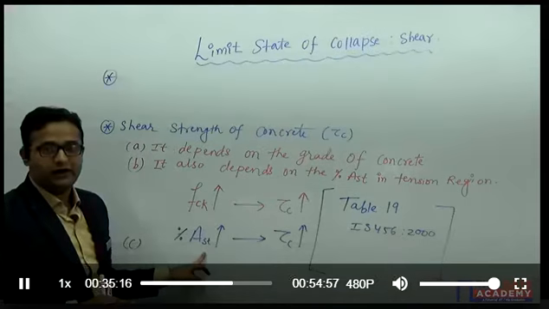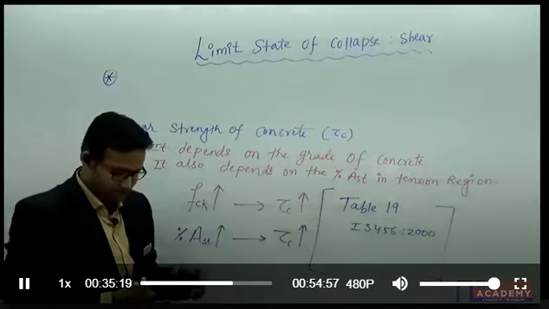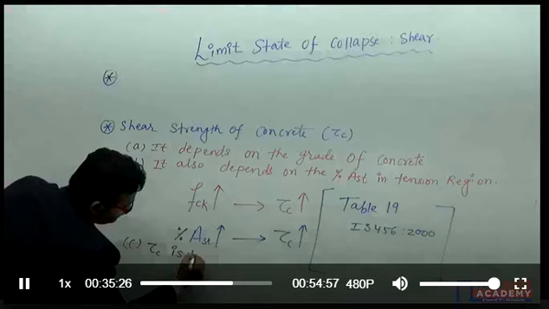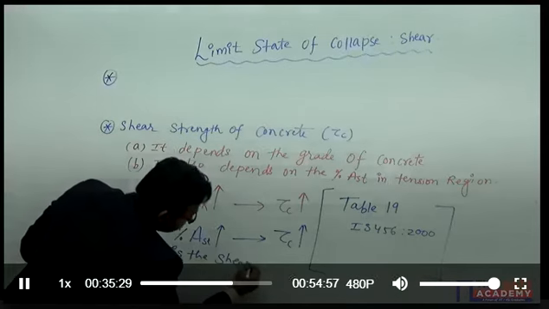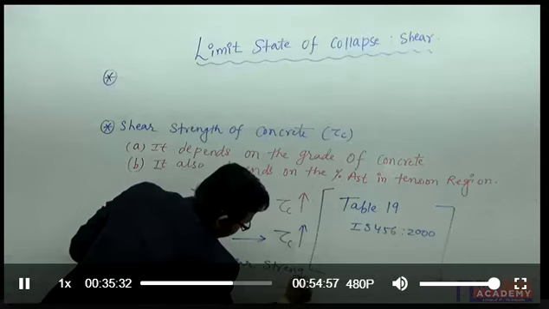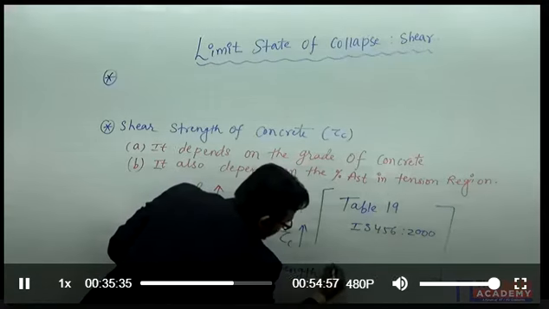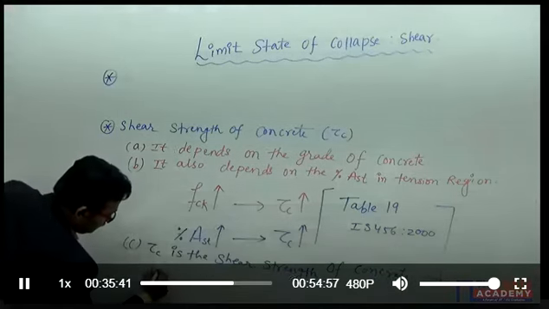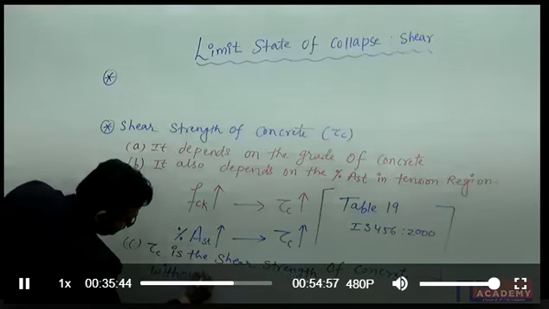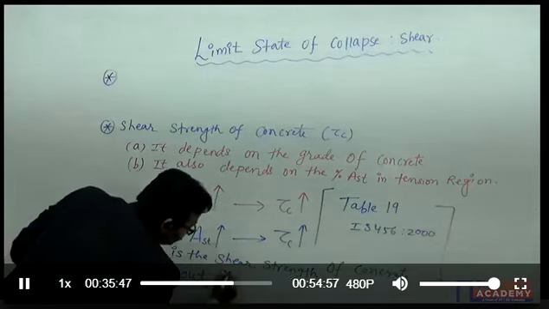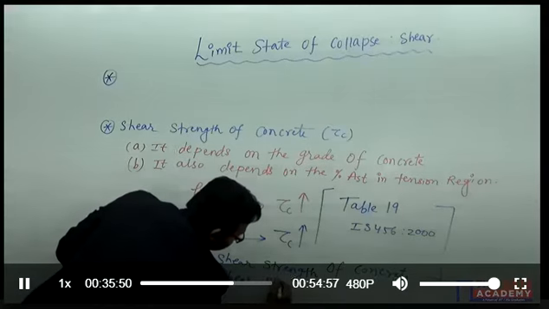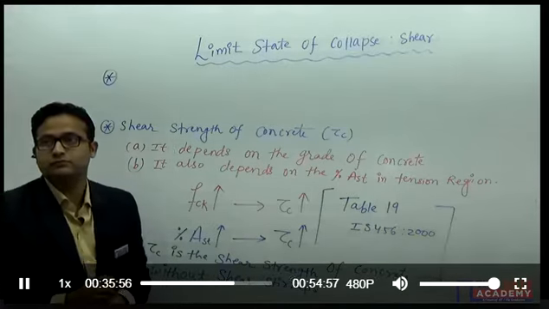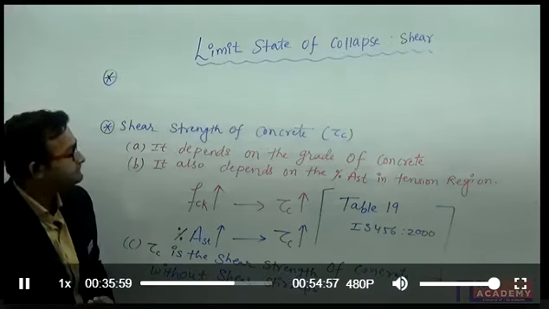So the shear strength of the concrete is called tau c. So we can write here, tau c is the shear strength of concrete without shear stirrups.